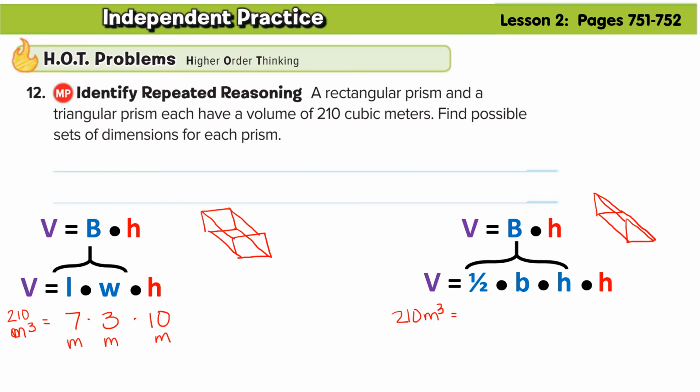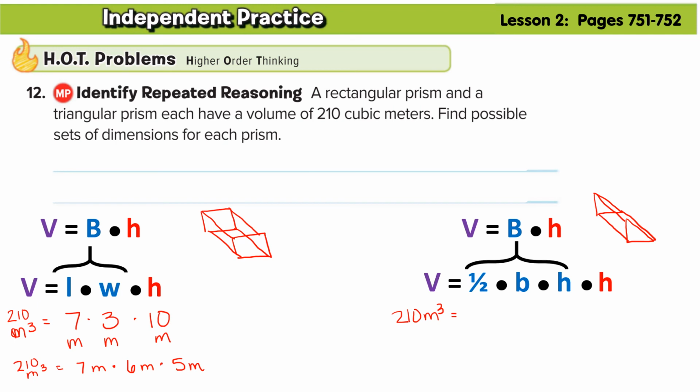All right, well, there you go. Another combination could be 210 meters cubed. You could have 7 meters times 6 meters times 5 meters. Okay? So now we have to think over here creatively.